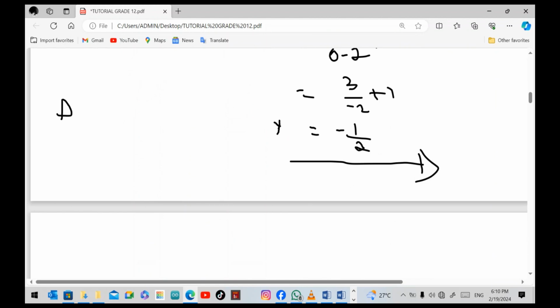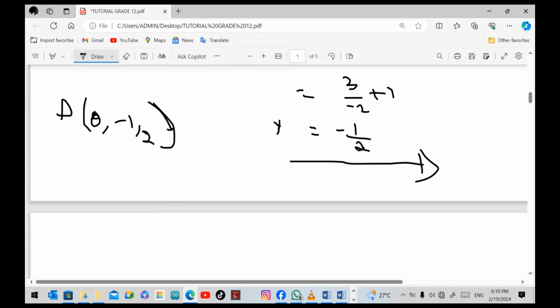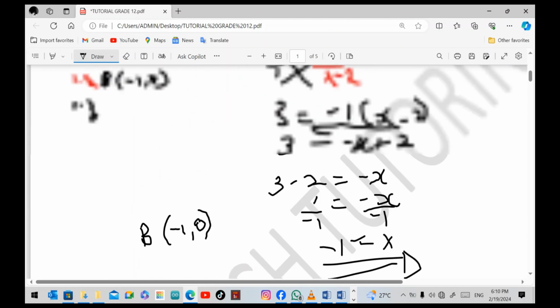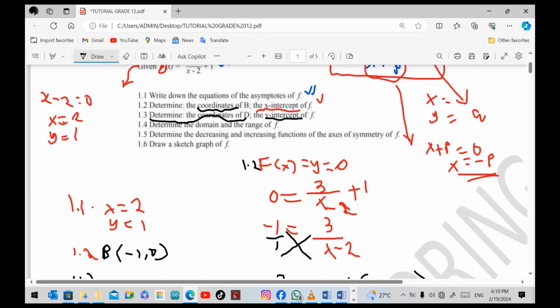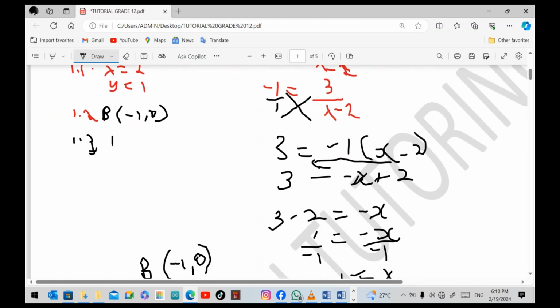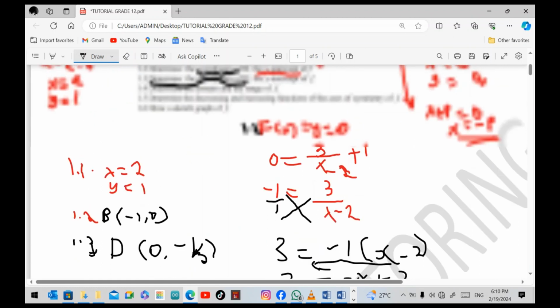We write coordinates like this: x and y, where x is always on the left-hand side and y on the right-hand side. So 1.3 d is 0, negative 1 over 2. Right.